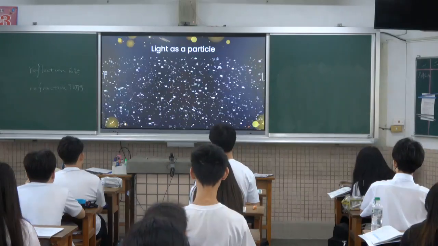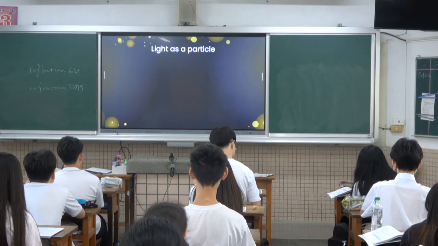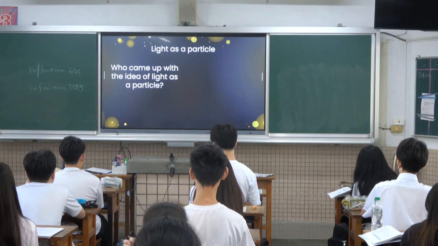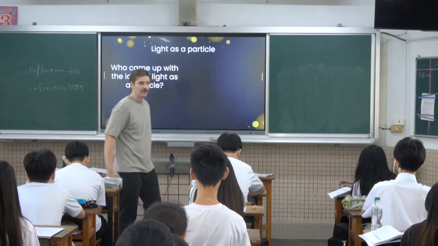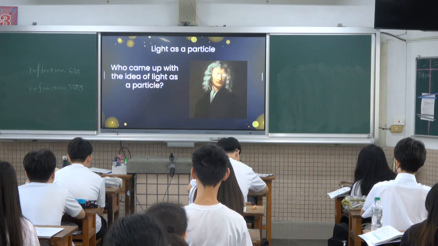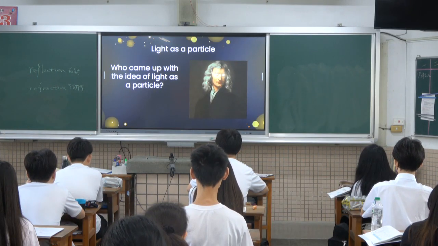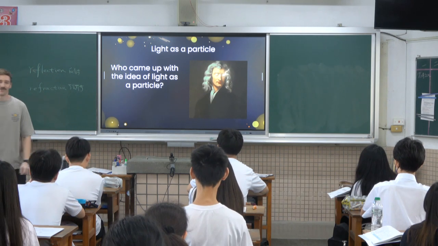And let's look at the first example, light as a particle. So who came up with the idea of light as a particle? Do you know? Right, our old friend Newton. We've seen him quite a few times in our lessons. What are the other things we did with Newton?